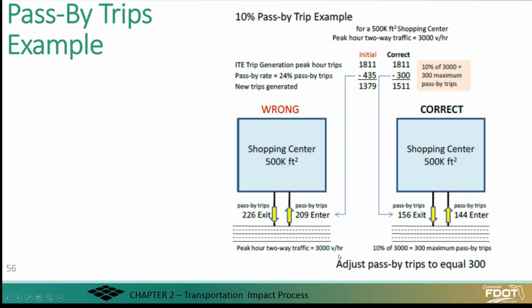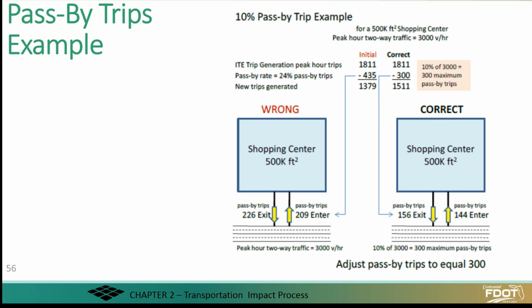If there were 3,000 trips per hour on this 4-lane roadway, also with no median, then the correct way to do it for this size center is, if you were using 24% pass-by, which you got from your negotiations and from other places, that would be 435.